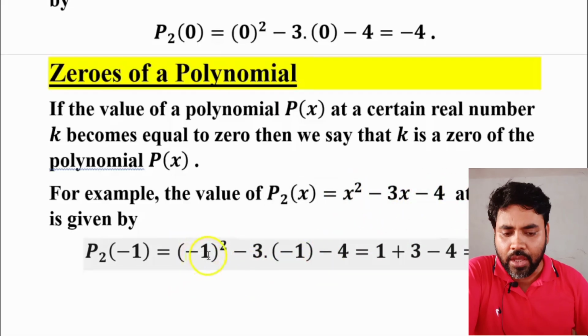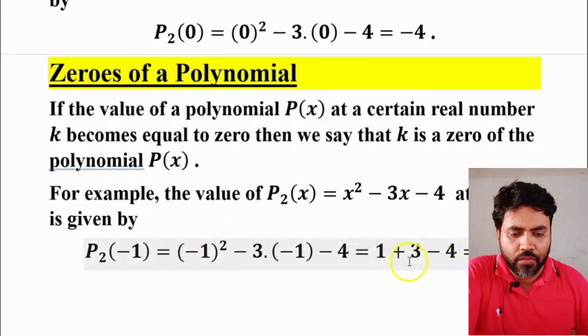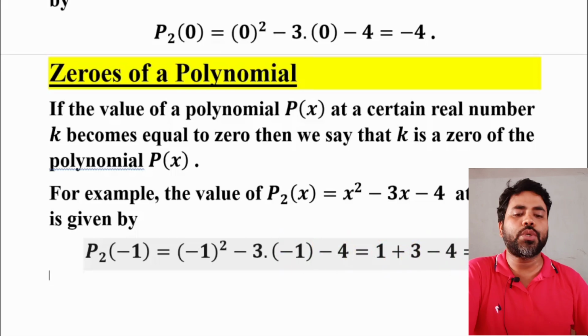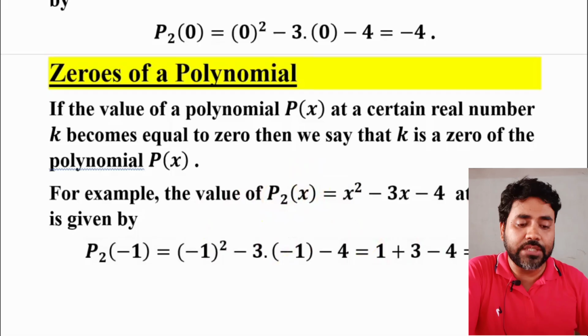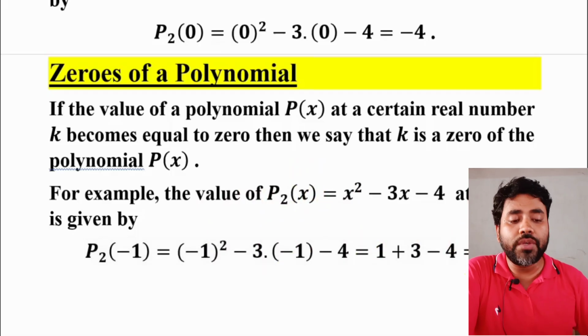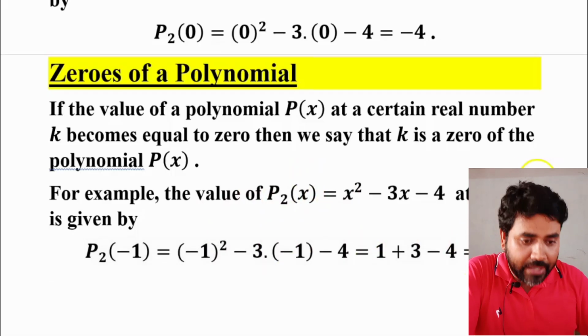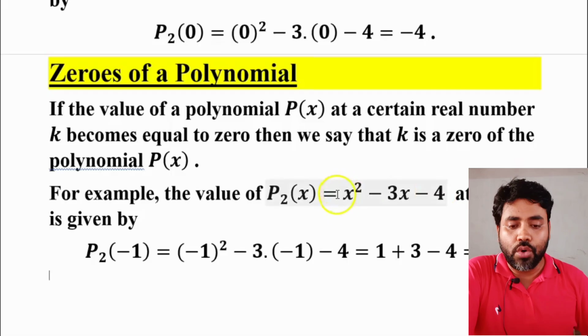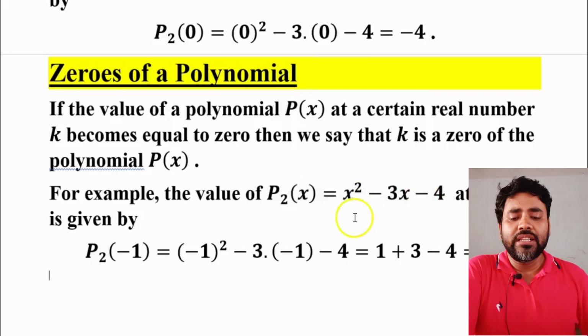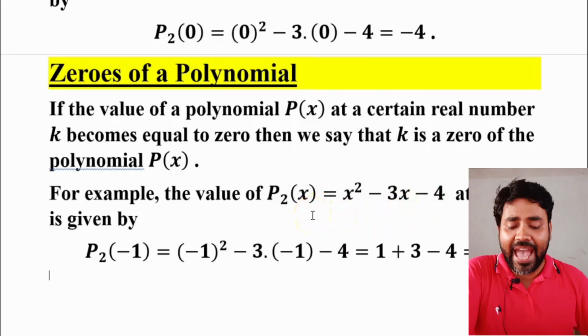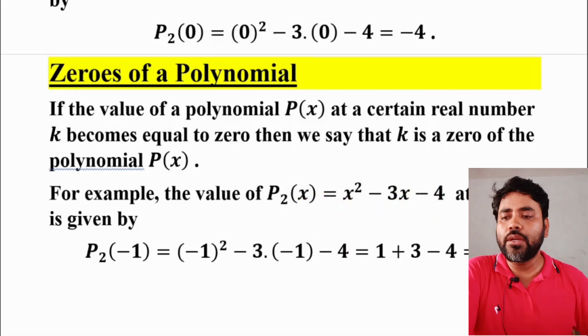So we have minus 1 square, which becomes 1, minus 3 into minus 1, which becomes plus 3. So 1 plus 3 minus 4 is equal to 0. So the value of this polynomial at the point x equal to minus 1 is 0. So we call minus 1 a zero of this polynomial x square minus 3x minus 4. Does this polynomial have another zero? We will look into it.